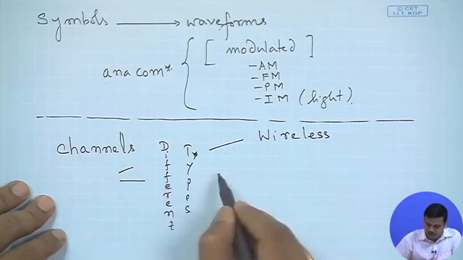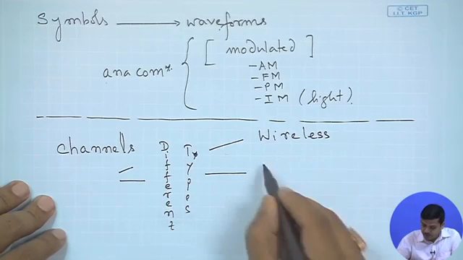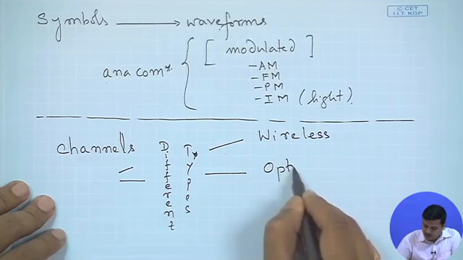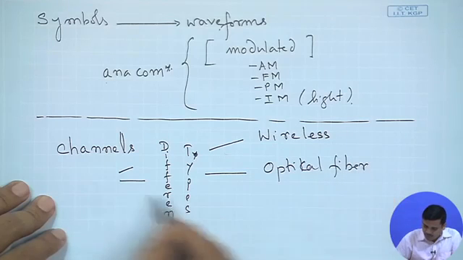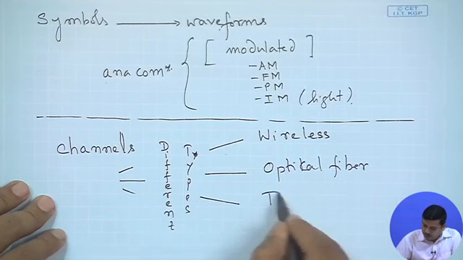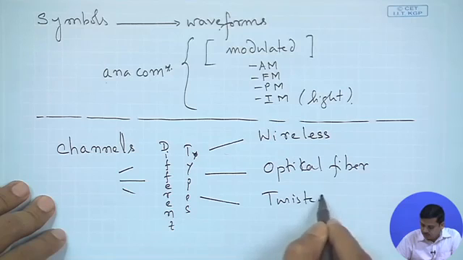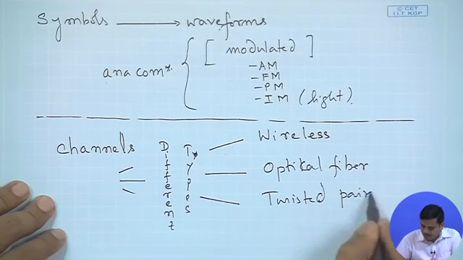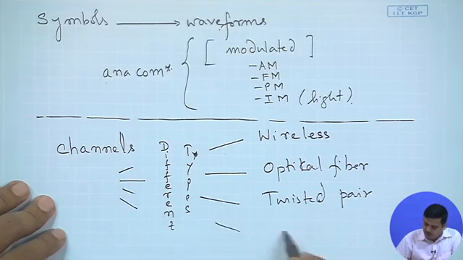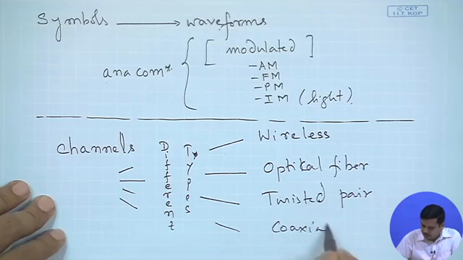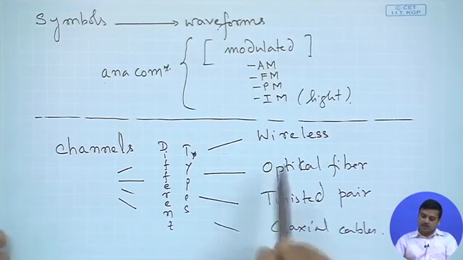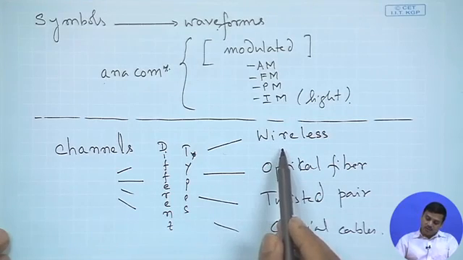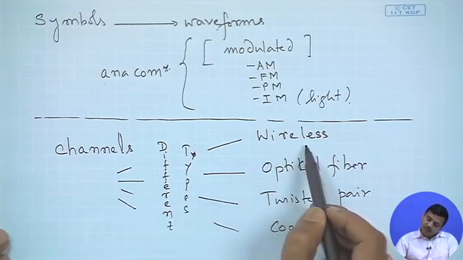The other type you could say is an optical fiber. The other one could be a twisted pair. Then there could be coaxial cables.